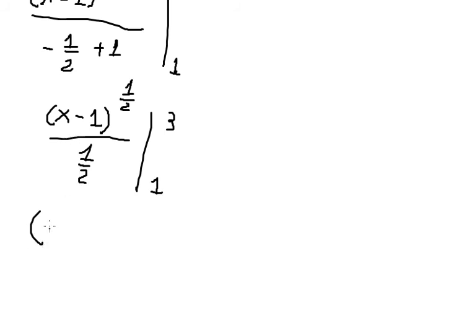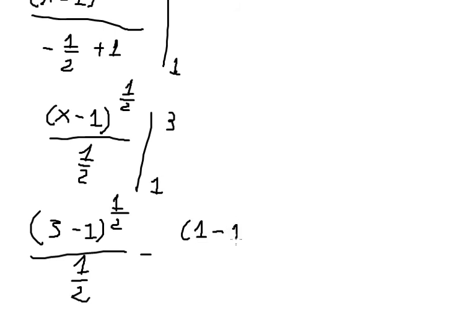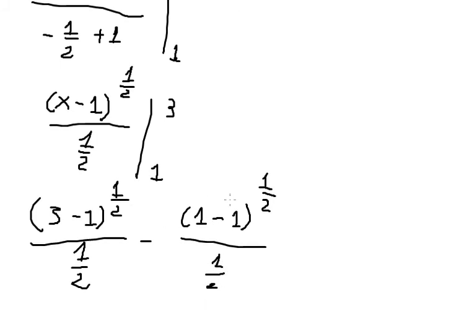So you get (3 minus 1) to the power of 1 over 2 over 1 over 2, minus (1 minus 1) to the power of 1 over 2 over 1 over 2. So this one you get 0. 3 minus 1 you get 2. So we have 2 with the square root of 2. And this is the answer for question number 1.